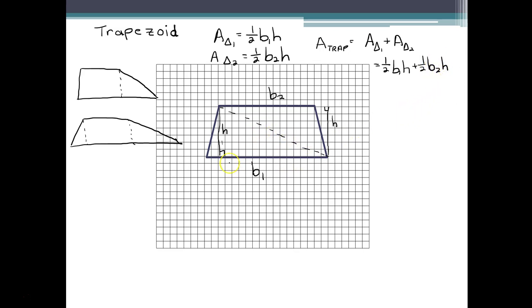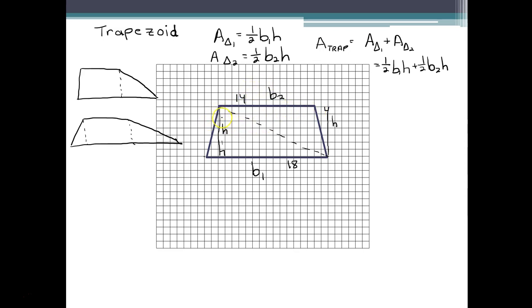So in our case, we've got what base 1 is, 18 units. Base 2, again, assume this is like touching the corner here. I couldn't get it to snap on like I needed it to. 14 units.